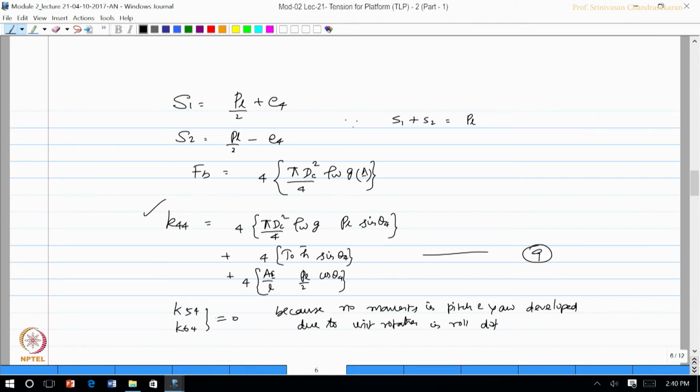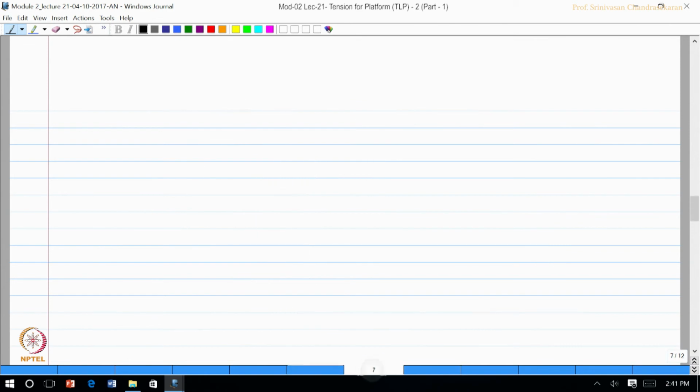This is equation number 10. So, I have got the entire 4th column of the stiffness matrix.